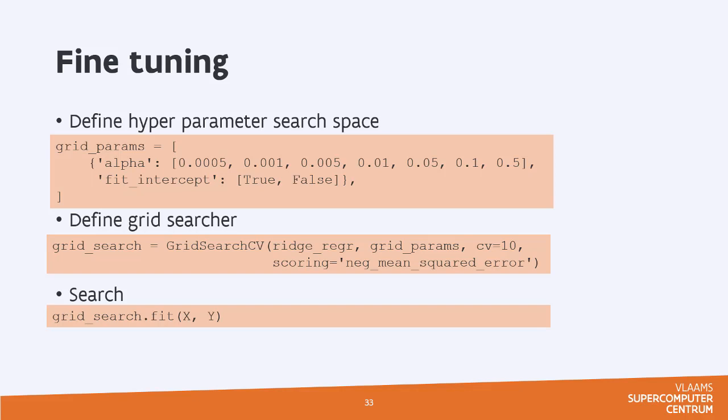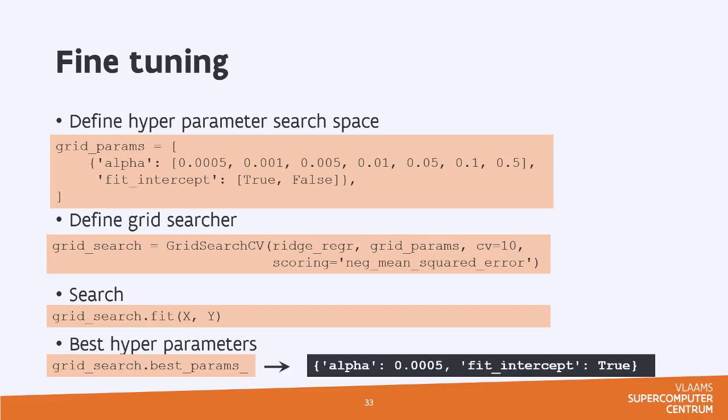So search is again just fit, input data to output data, and then we can get the best hyperparameters, and in this particular case that would be an alpha value of 0.0005 and a fit intercept which is true. We have used fit intercept equal to false, so true is a better choice. We originally had alpha equal to 0.5, but it's better if it's a much lower value.